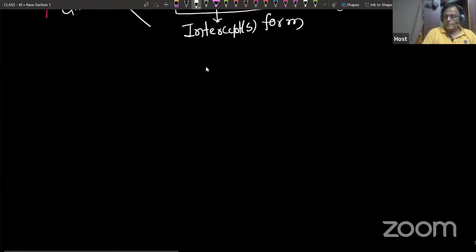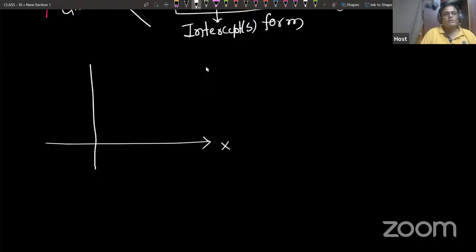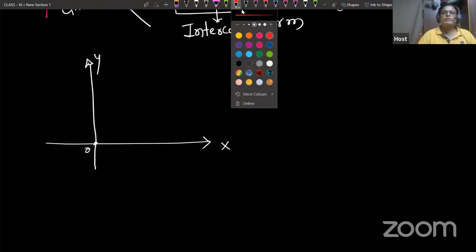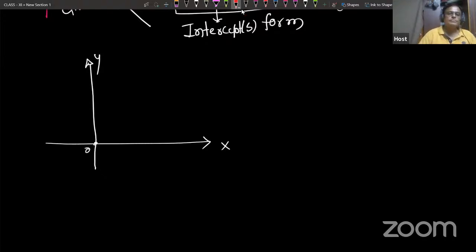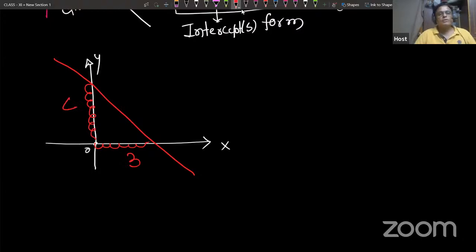So once again, a rough diagram I'm going to draw. So this is x-axis, y-axis, and origin. Now the red color line equation we have to find out. So suppose there is a line. We have to find out this. Its x-intercept I'm going to give 3, and y-intercept I'm going to give 4. What is the equation?